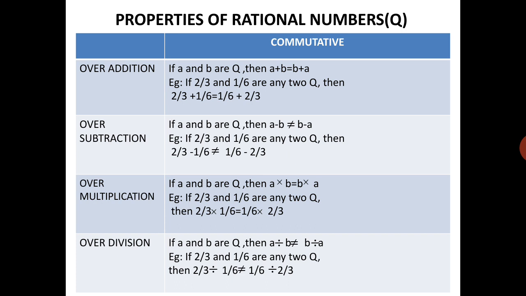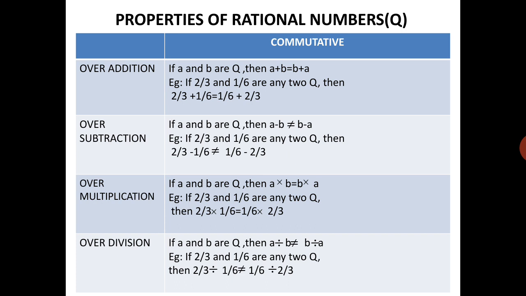So when you divide 2 by 3 by 1 by 6, you get one answer. When you divide 1 by 6 by 2 by 3, you may get another. So this is how they are not the same. So in short, commutativity, or the commutative property, holds true for addition and multiplication only.